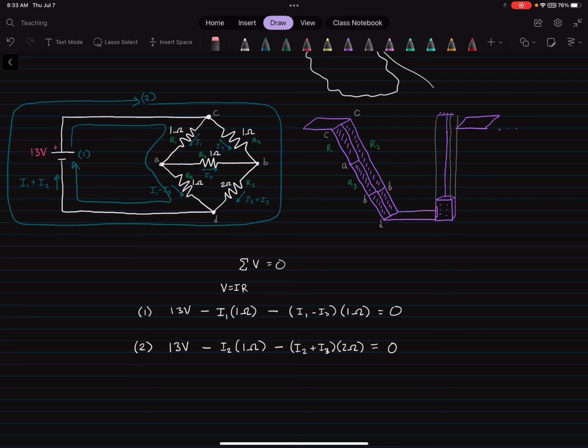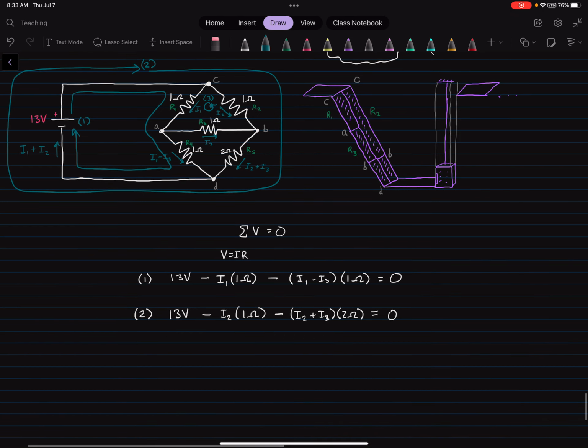And that is going to give our third equation. Okay. So 3. And this is kind of a weird one because it doesn't go around the whole circuit, right? It doesn't bring you back to that EMF source. So I'm going to write it down, and then I'm going to show you on the right what each path is kind of like.